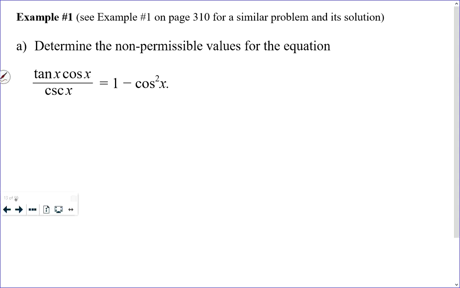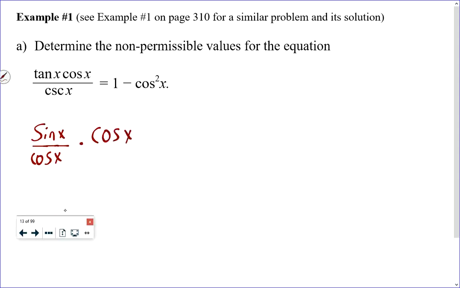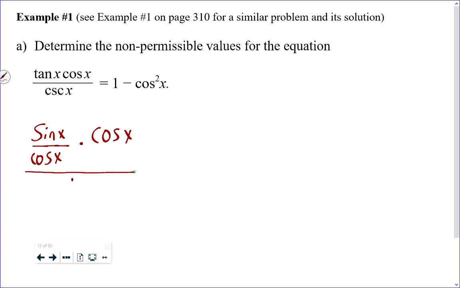So tangent is sine of x over cosine of x. And then we're multiplying by cosine of x. And we're dividing by cosecant of x, which is 1 over sine of x. And this is equal to 1 minus cosine squared of x.